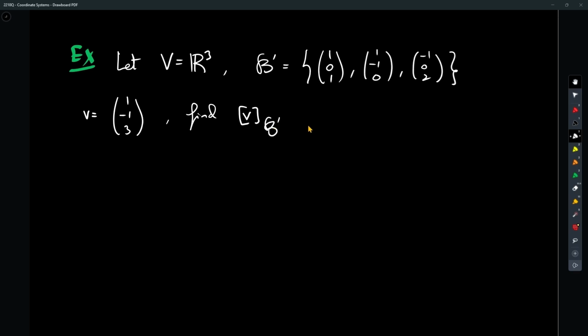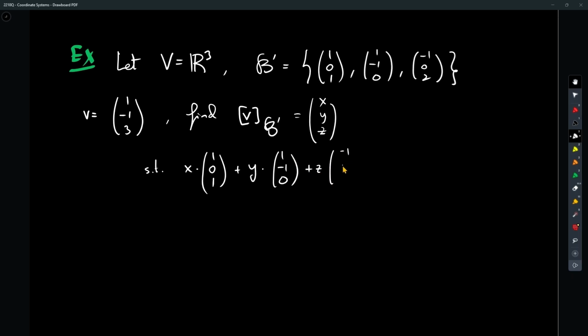So what I'm looking for is a three-dimensional vector. There will be an x, y, z such that x times the first vector in the basis plus y times the second vector in the basis plus z times the third vector in the basis gives me the vector V that I'm looking for.